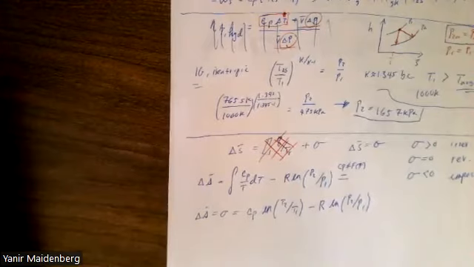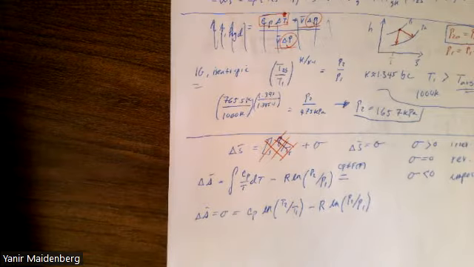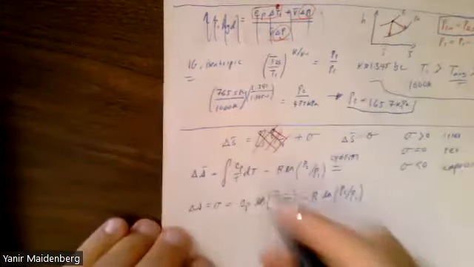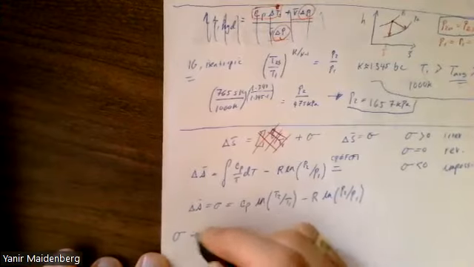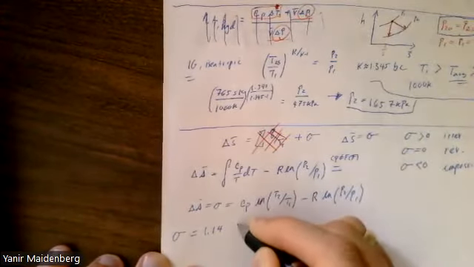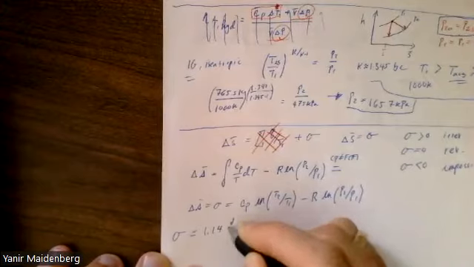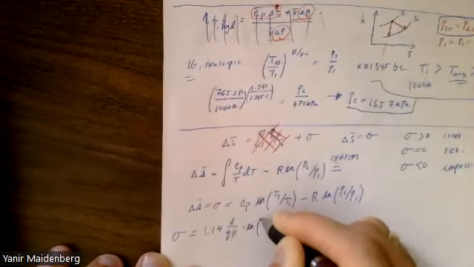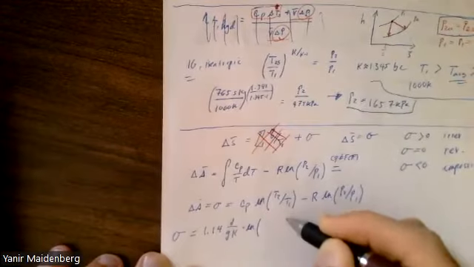Great. So now all we got to do is evaluate it for our conditions and see what we get. So we know that Cp is 1.14 joules per gram Kelvin. So 1.14 joule per gram Kelvin times the ln of T2 over T1.